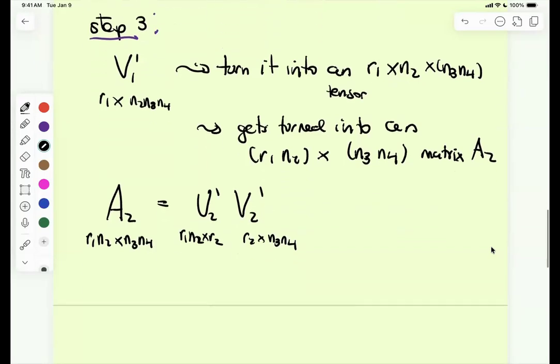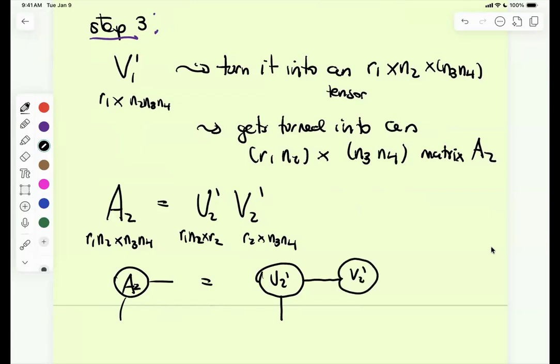Again, if you want to do a diagram, A2 has two legs, and the SVD says it is the same as U2 prime, with this leg here, contracted with this matrix V2 prime, with this other leg.